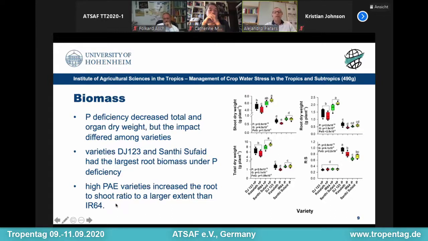And the other interesting result here is that high phosphorus acquisition efficient varieties increased root to shoot ratio to a larger extent compared to IR64, which is, as Christian said at the beginning, a kind of universal check and is also a low phosphorus acquisition efficient variety.